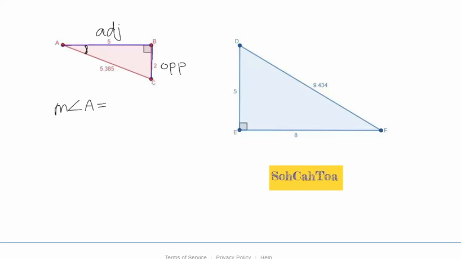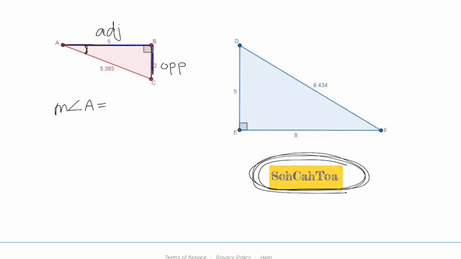So let's think about how I could find the measure of angle A. I want to use my adjacent and my opposite side. I want you to look at these three trig functions. We have sine, cosine, tangent. Which function would we use if I want to compare my adjacent side and my opposite side?